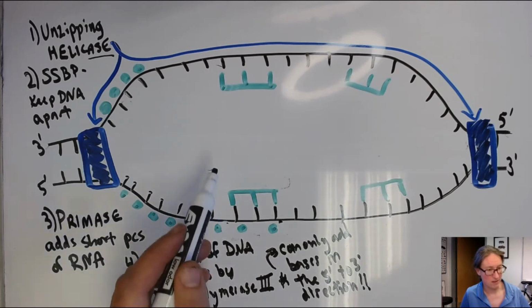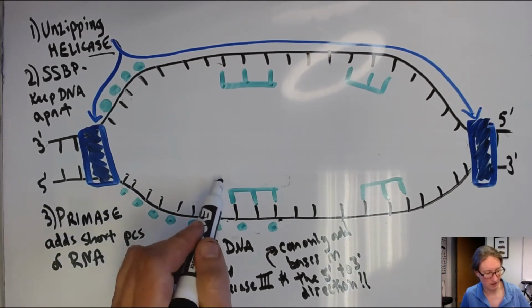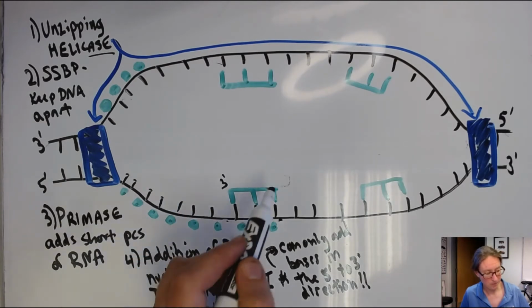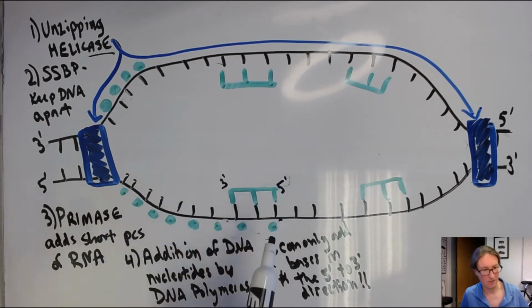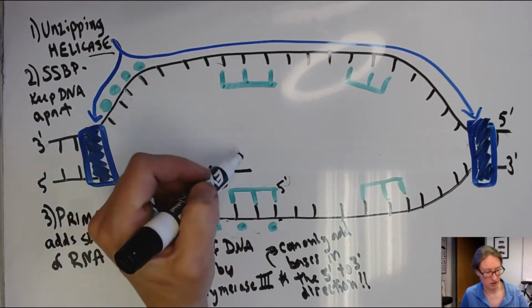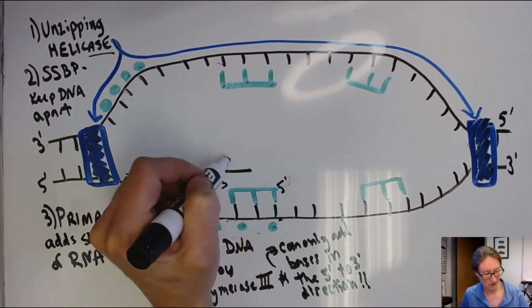So what that means is that the loose end that's hanging out up here is a free 3' end. And its opposite end is a 5' end. So if DNA polymerase can only add in the 5' to 3' direction, what that means is we can build in this direction to the left here.